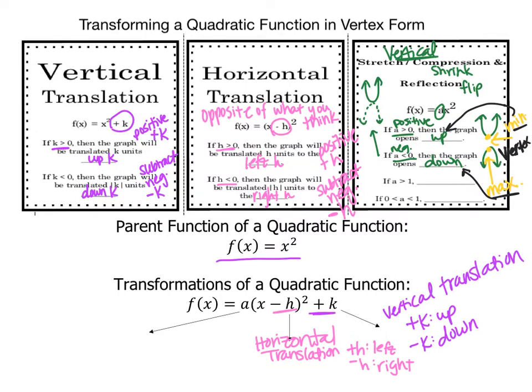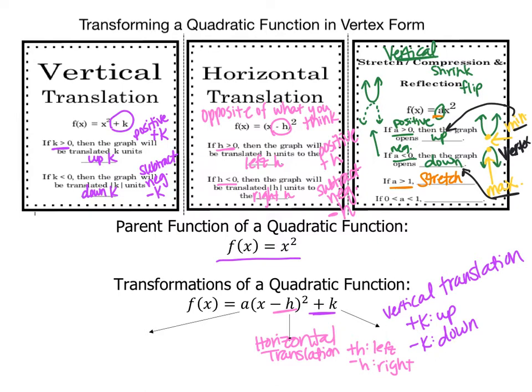All right, moving on. Another thing that could happen when I'm multiplying a value in front of my x squared, this a, is to stretch or compress. Think about if I were to grab this function by the tip of the graph, the very top, and I were to pull it vertically, it would stretch, get really, really tall. I would be stretching that value. That would be if my a is greater than 1, we would see a stretch.